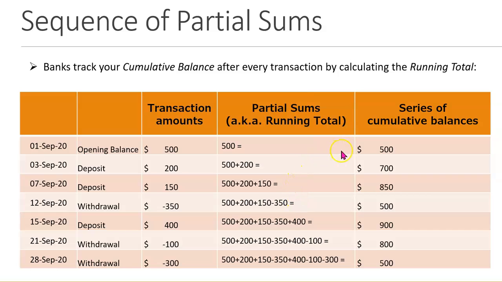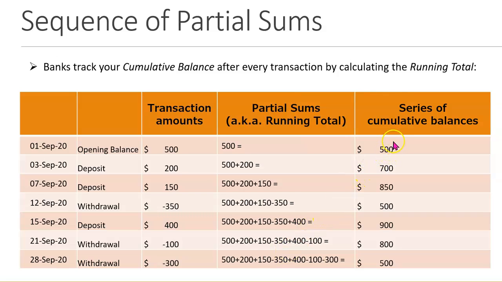And in mathematics, we call each running total like this a partial sum, the sum of the first several transaction amounts. So we have a sequence of partial sums.